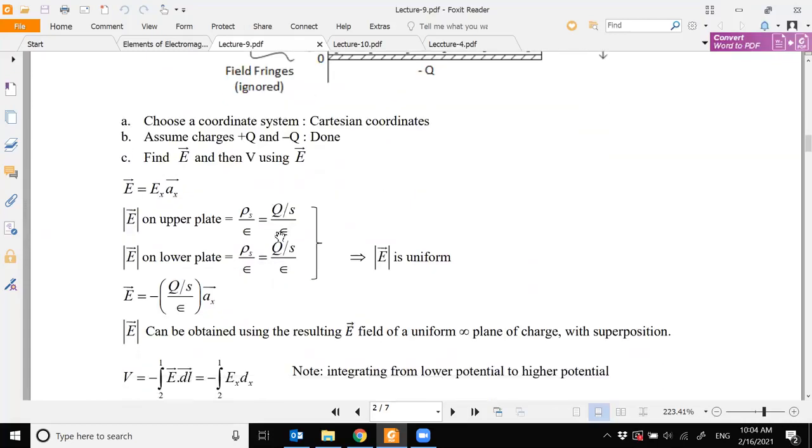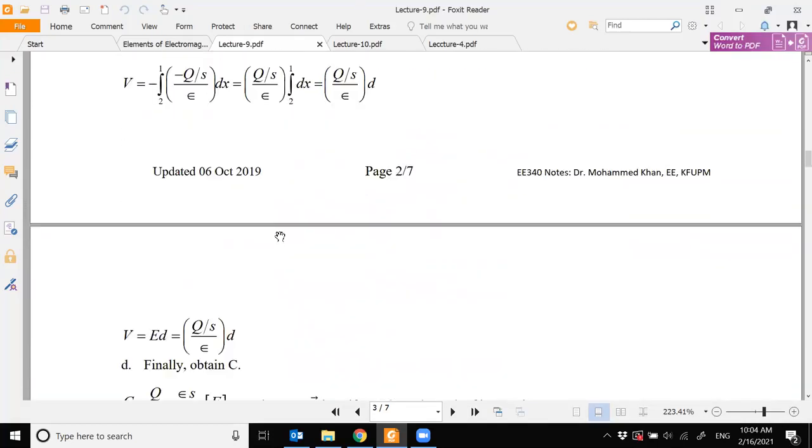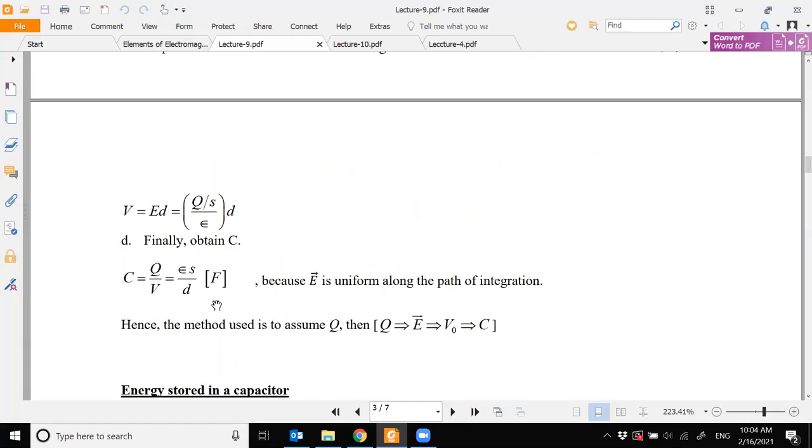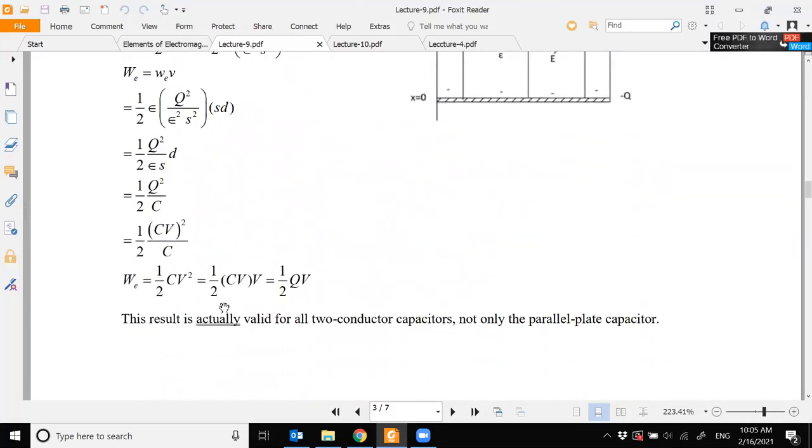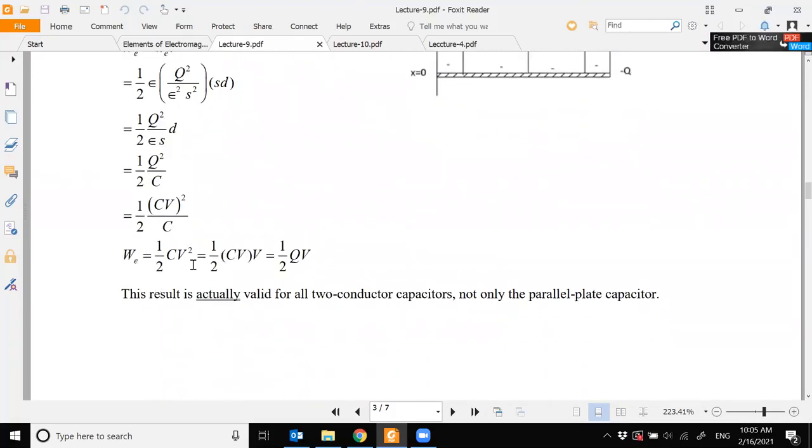We took the example of a simple parallel plate capacitor, whose capacitance we have been using since our physics course or electric circuits: C equals epsilon naught epsilon S over d. Then we looked at the energy stored in the capacitor, which is half C V squared.